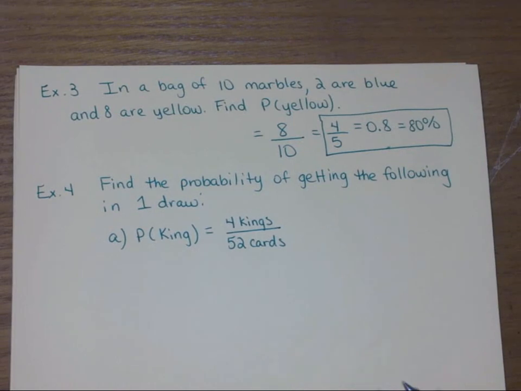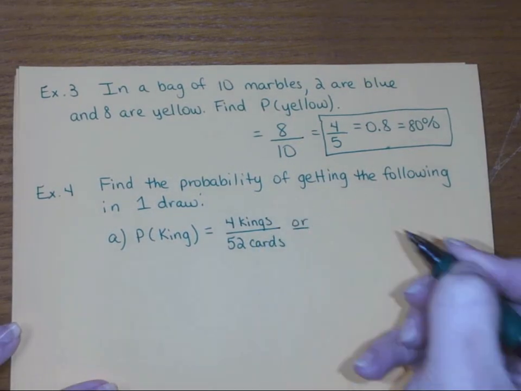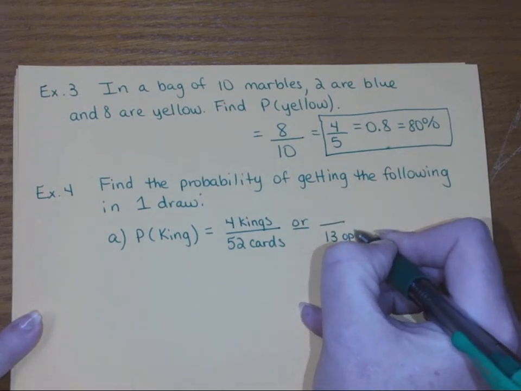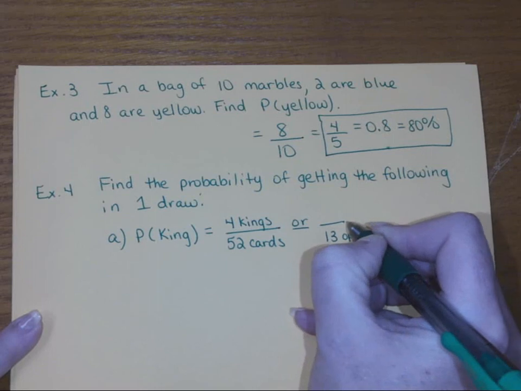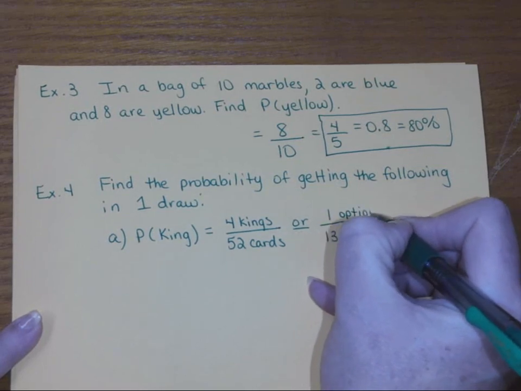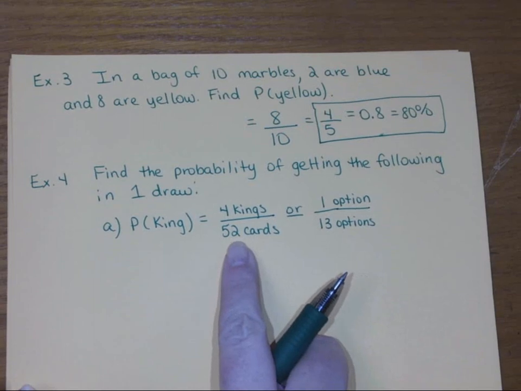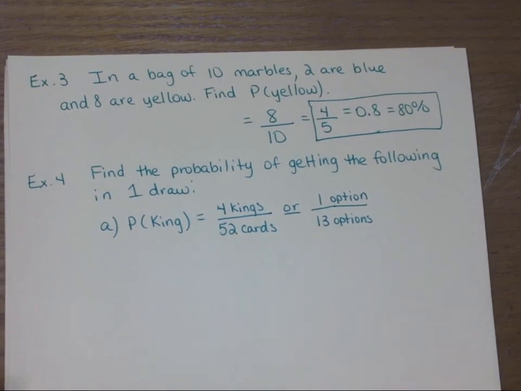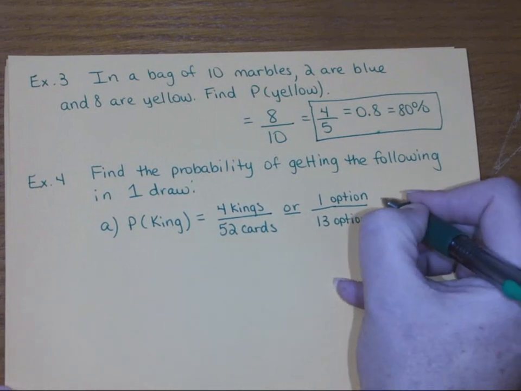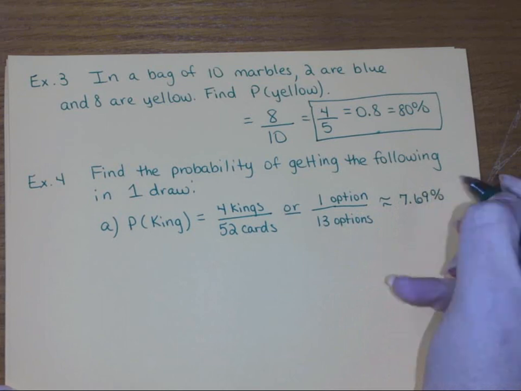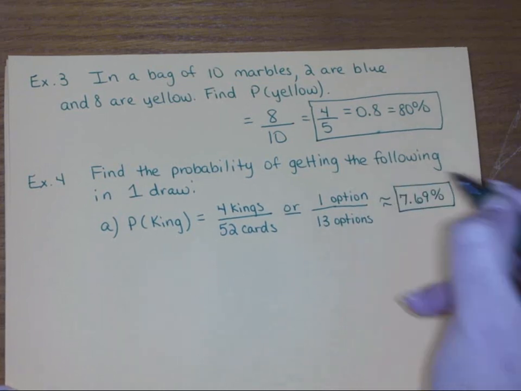Or we could think of it another way: there are 13 options, and we just want one of those options. Notice if we were to reduce 4 out of 52, we would get 1 out of 13. If you change this to a decimal and then to a percentage, it's about 7.69%.